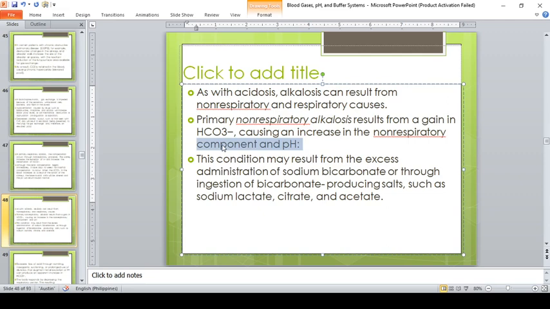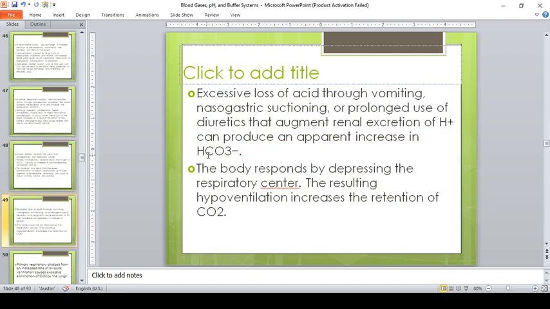This condition may result from the excess administration of sodium bicarbonate or through ingestion of bicarbonate producing salts such as sodium lactate, citrate, and acetate. Excessive loss of acid through vomiting, nasogastric suctioning, or prolonged use of diuretics that augment renal excretion of hydrogen ion concentration can produce an apparent increase in bicarbonate.